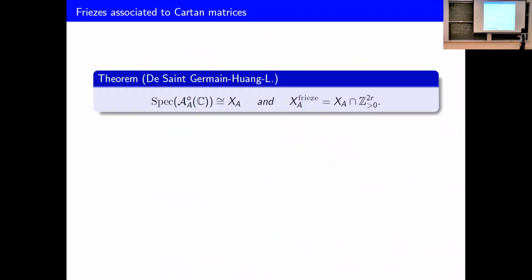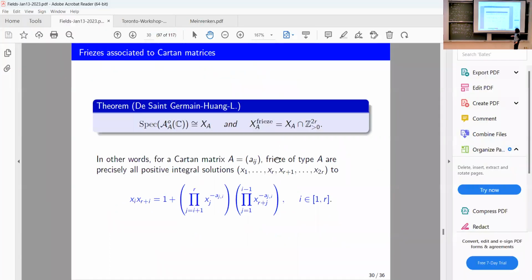Then the theorem is that this is the variety whose ring of regular functions is your cluster algebra, and the Frieze points in there are just the points where the coordinates are positive. So in other words, friezes of type A for that given Cartan matrix are all positive integer solutions to this equation.